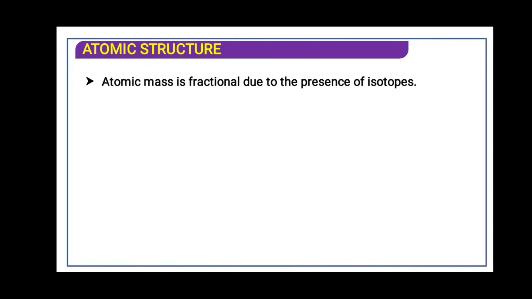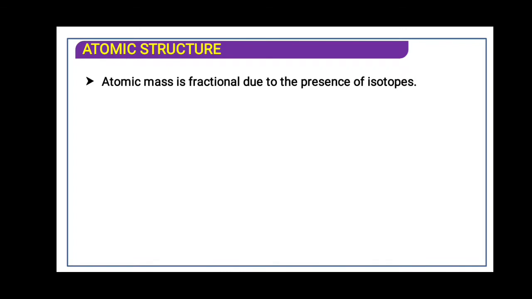Now suppose the roll number of that student is 10. The teacher will call roll number 10, and all three will stand: the student, the father and the mother. All three have the same roll number. That means the roll number is the atomic number, so isotopes have the same atomic number.